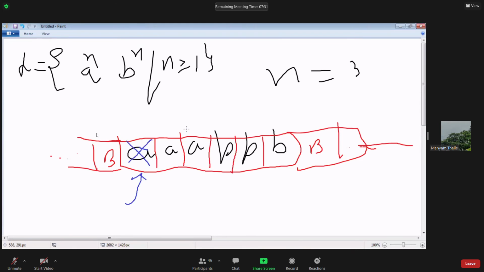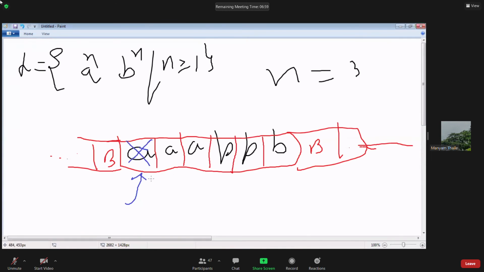So the language has equal numbers of A's and B's. After read and write, the read-write head is going to try to find the first B. Before finding the B, we have the remaining n minus 1 A's.